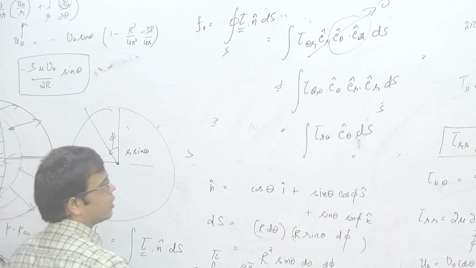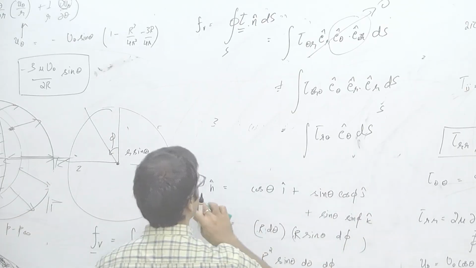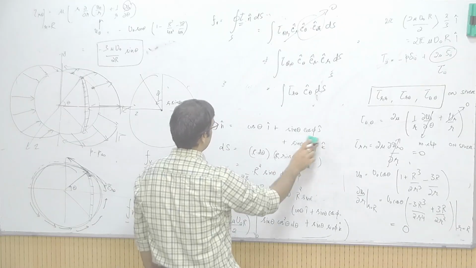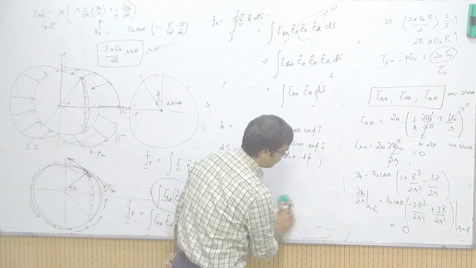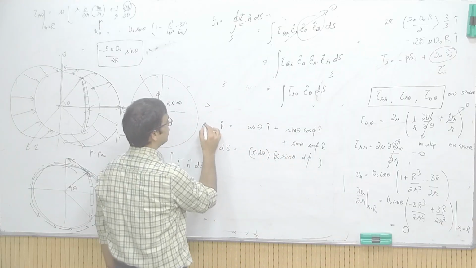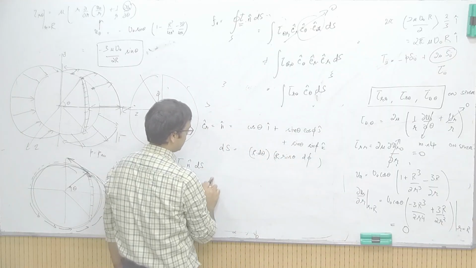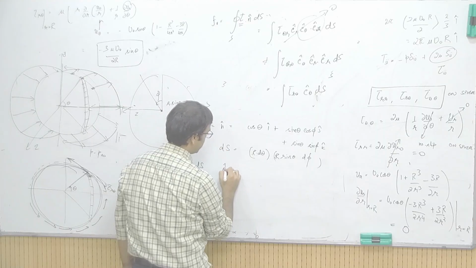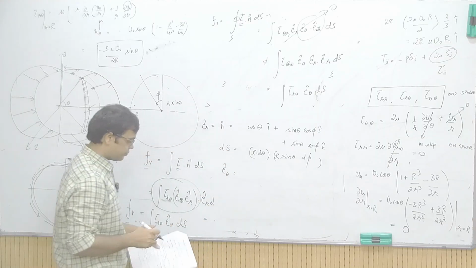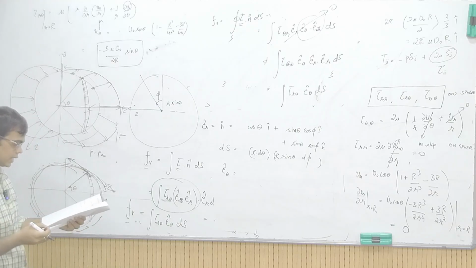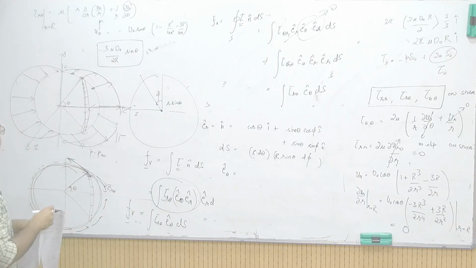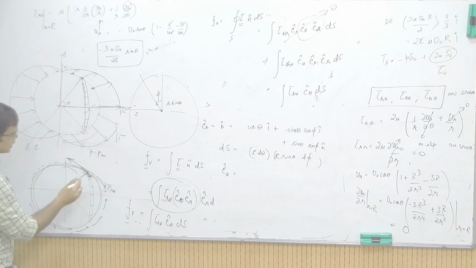And from here, remember that the n hat that we wrote was e hat r. This is how we denoted e hat r. So in the same spirit, how will we denote e hat theta now? So this is e hat theta.